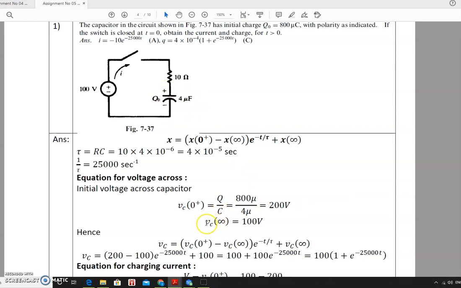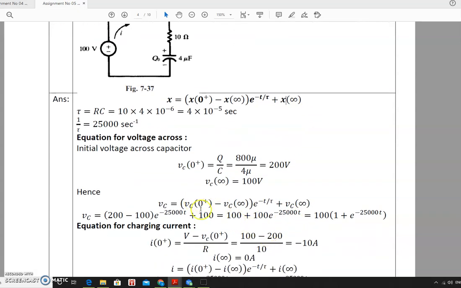But when time reaches infinity, the voltage across the capacitor will be equal to the source voltage. What is the source voltage? Source voltage is 100 volt, so the voltage across the capacitor will be 100 volt. In this formula, X is replaced by Vc. So Vc is equal to Vc at 0 plus minus Vc at infinity, into e raised to minus t by tau, plus Vc at infinity.